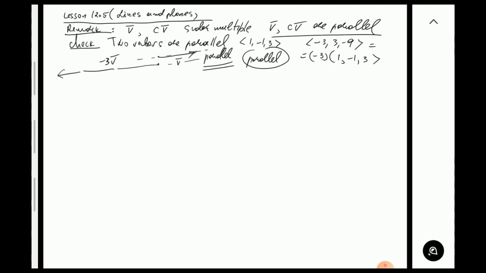So what does this have to do with the equation of a line? Well, how do I identify a line in 3D? Now remember, in 2D, you just needed a point and a slope, right? So in 2D, I give a point, x naught, y naught, and I give a slope. Because you are in 2 dimensions, the slope basically can be identified by the tangent of the angle between the line and the x-axis.